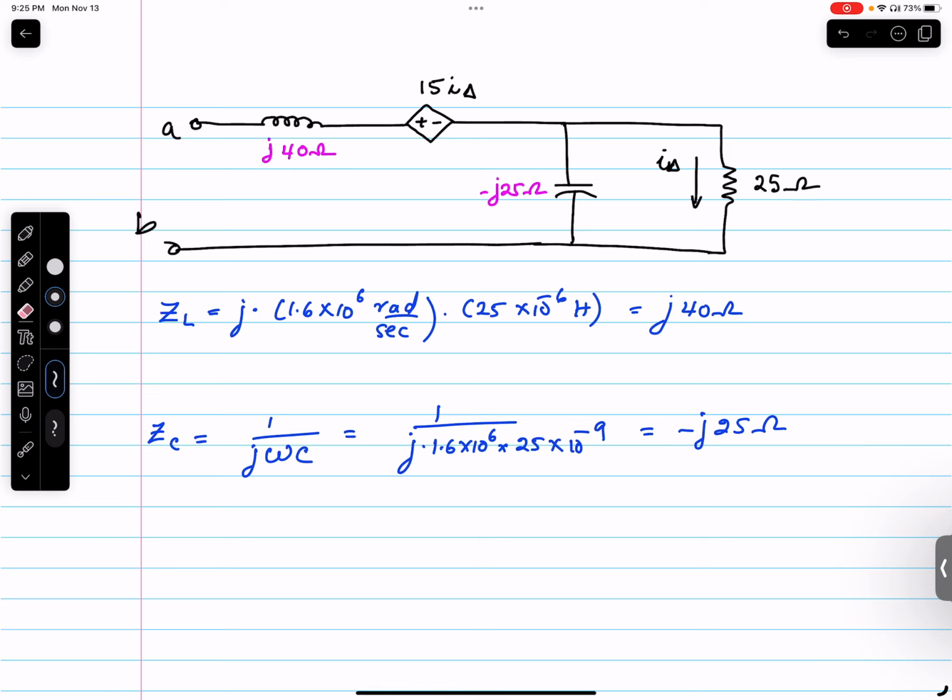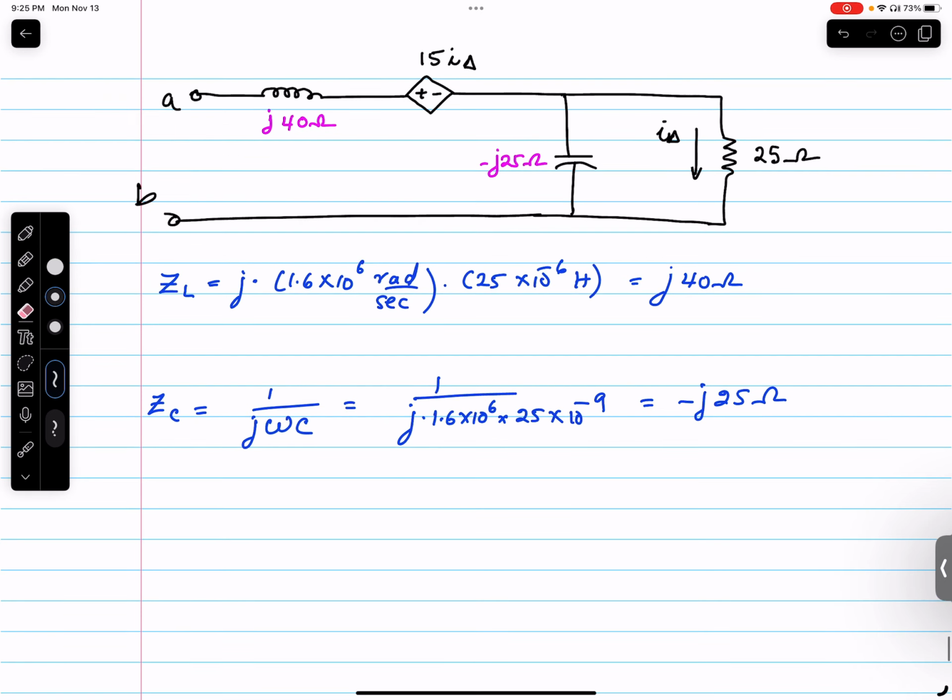Here is where we apply the test voltage method. You see, because of the independent voltage source, there is no direct way to calculate the impedance here. So we apply a V test, and then look at the I test that is going.